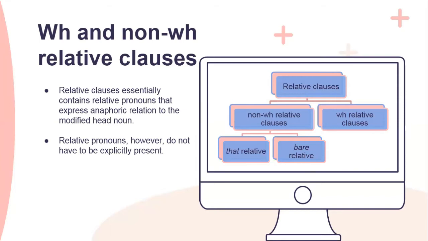Relative clauses that contain an explicit relative pronoun are called WH relative clauses, and non-WH relative clauses do not contain an explicit relative pronoun. Here we divide the non-WH relative clauses into two parts. The first is the that relative clause, and the second is the bare relative clause.